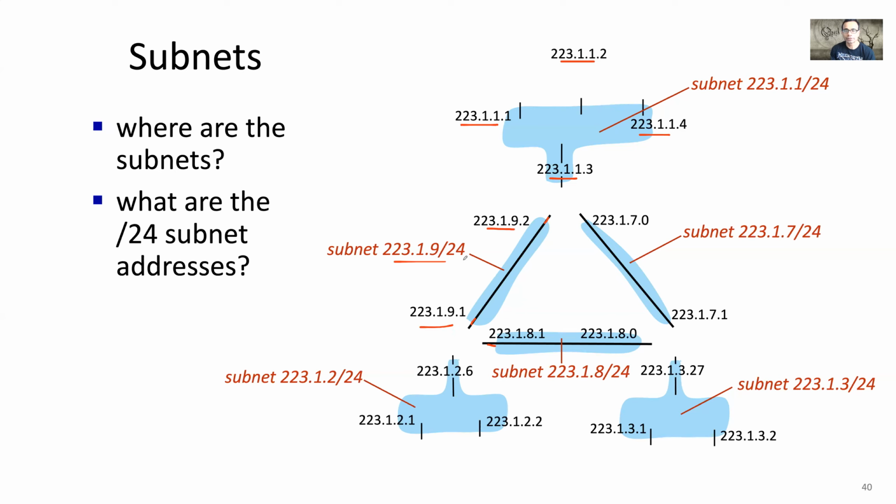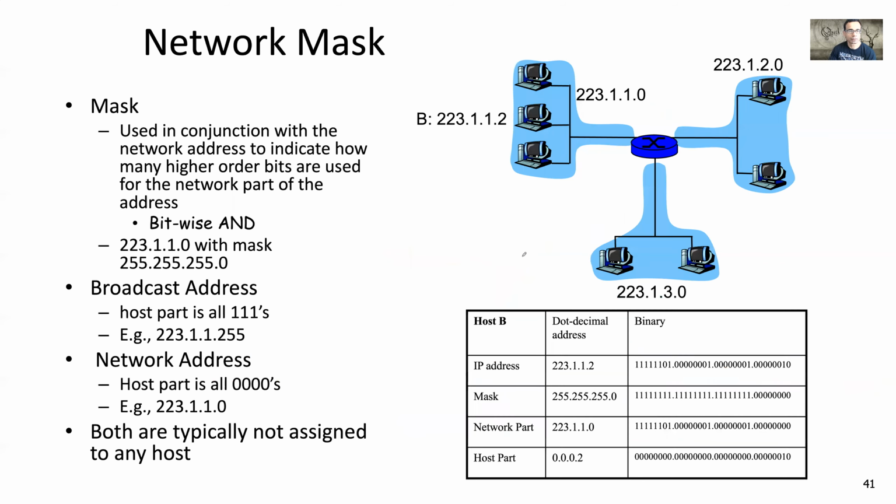So the way to represent that would be like that, right? /24 indicates the first 24 bits of this address are the same for this subnet, and the remaining 8 bits would be different. So hopefully that answers that question about the slash.